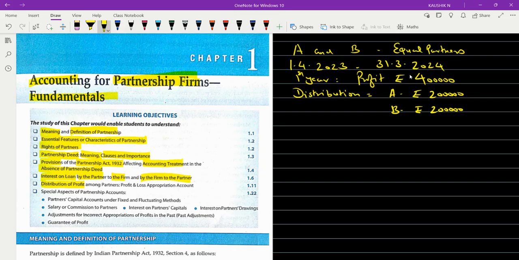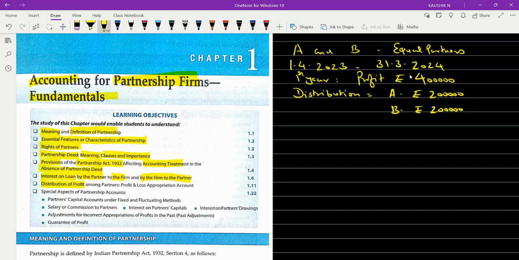In sole proprietorship, we have learned something called final accounts, where you have three stages: preparation of trading account, profit and loss account, and balance sheet. Obviously, your profit and loss account will provide you the net result of the business, whether it is a net profit or net loss.